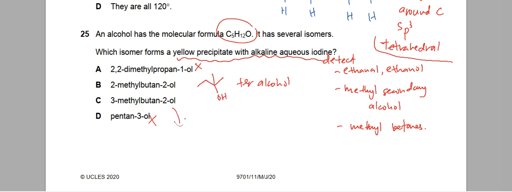And this one, 1, 2, 3, 4, has the OH at the second position and the methyl at the third position, so this one is actually a secondary alcohol.